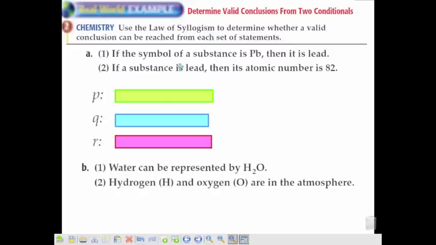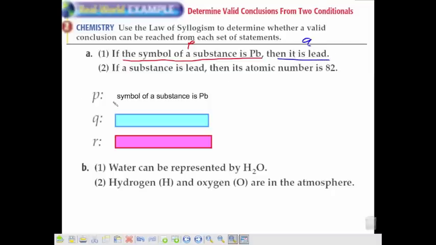Okay, so if we want to use the law of syllogism to connect a couple of things, let's read this carefully. Notice there's going to be a law of syllogism because both of these are if-then statements. So the first one, if the symbol of a substance is Pb, we're going to label that as P, and notice that's what we have here, symbol of a substance is Pb. The next part we can look at, then it is lead. That's the substance for it, that's Q. And so we're going to call Q a substance is lead.